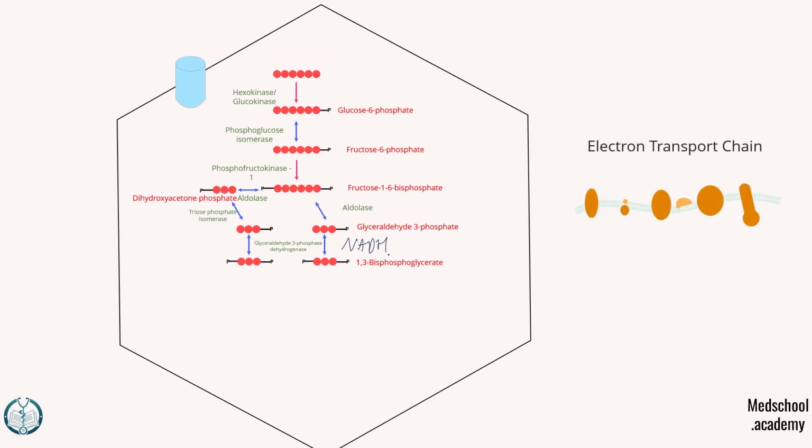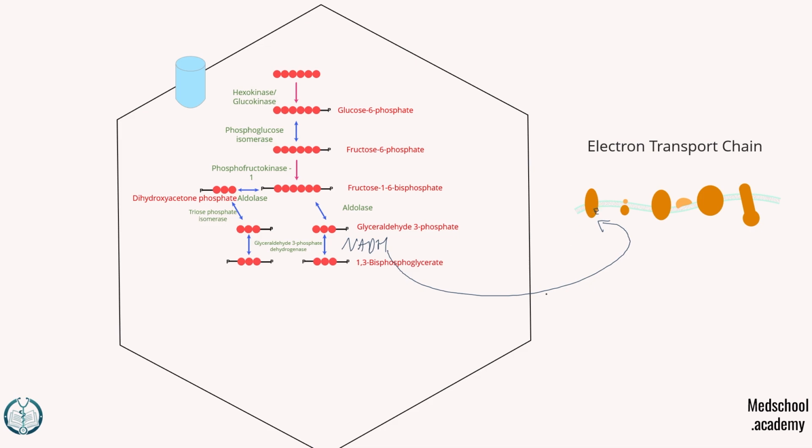This NADH will then make its way to the electron transport chain. I want you to make this association, and we're going to go into details regarding the electron transport chain. But for now, just know that NADH that is made here will make its way to the electron transport chain, where it will donate an electron to this right here.